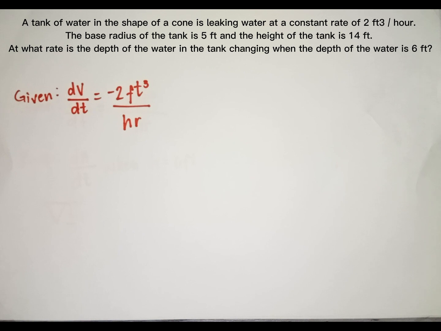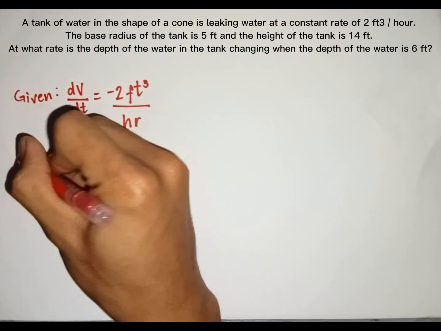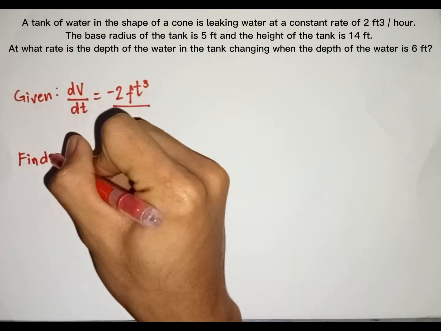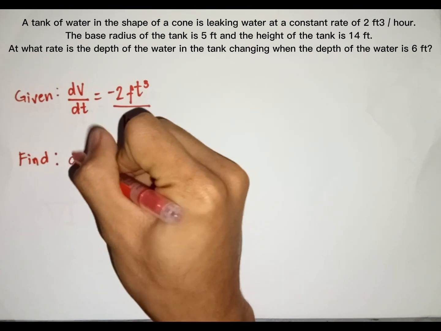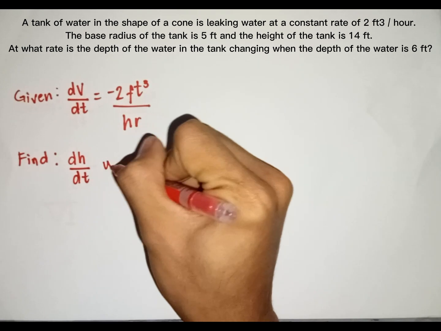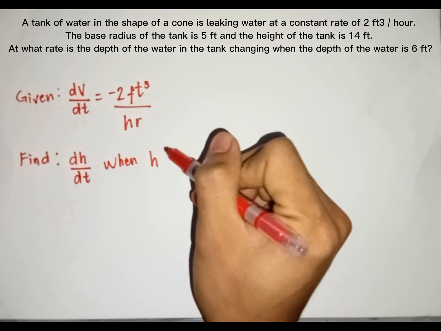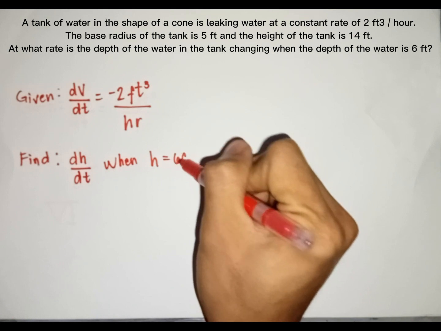Next, we need to find the change in the height, the depth of the water. It is asking for the rate the depth of the water is changing when the depth of the water is 6 feet. So we need to find dh over dt when h is equal to 6 feet.